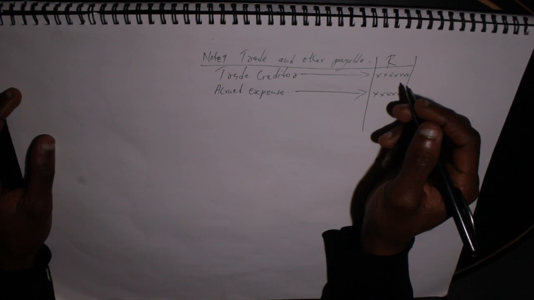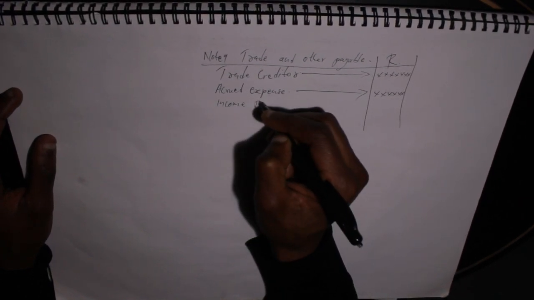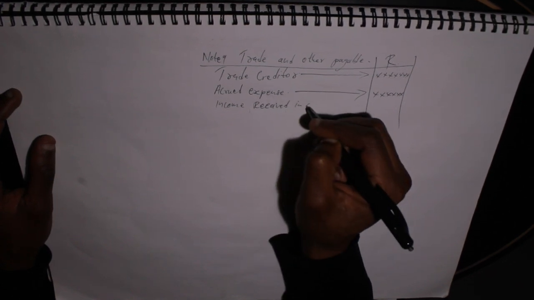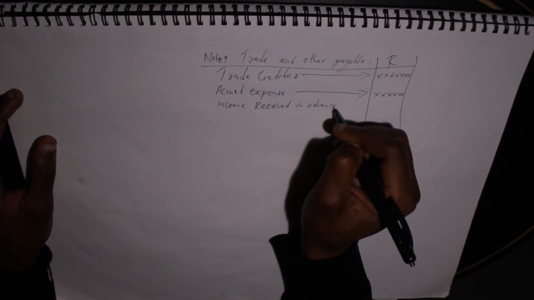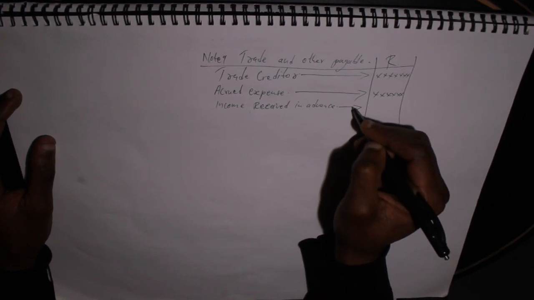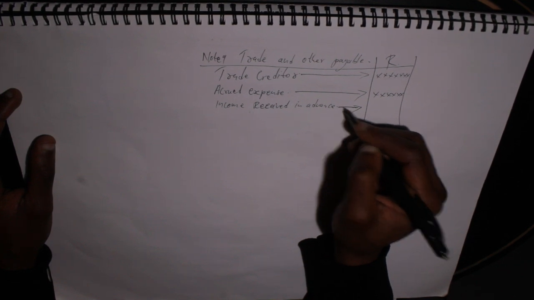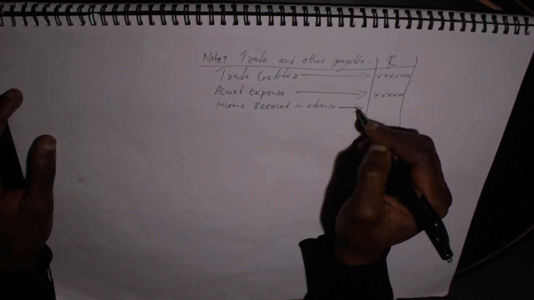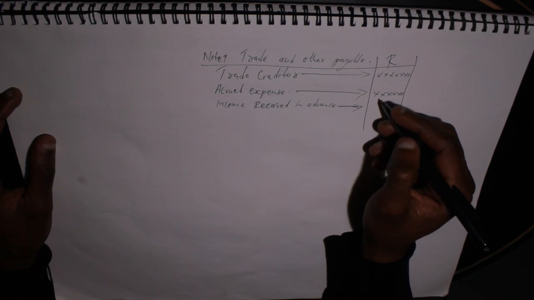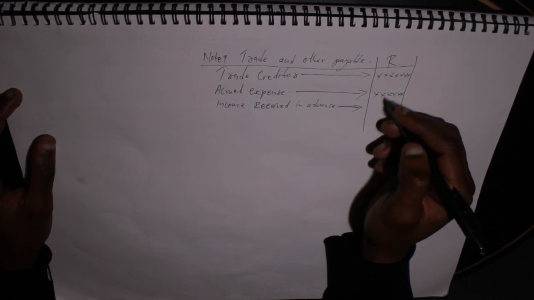Also, income received in advance. Income received in advance is whereby a client comes to us and pays us money for a certain service that we need to offer, and we are promising that we will offer the service in the next few months after the financial year end.